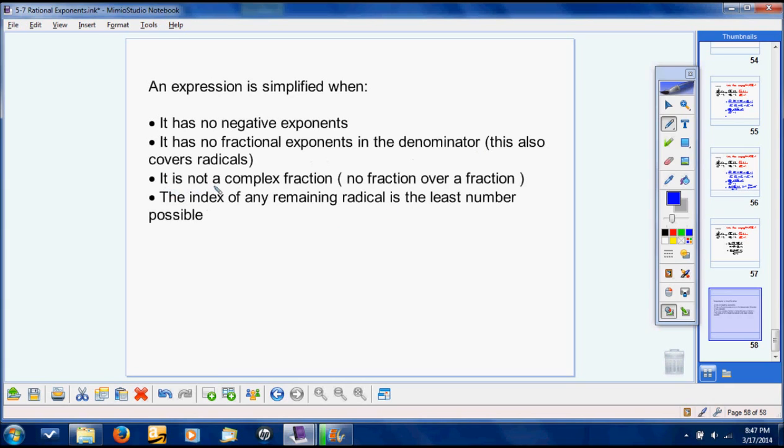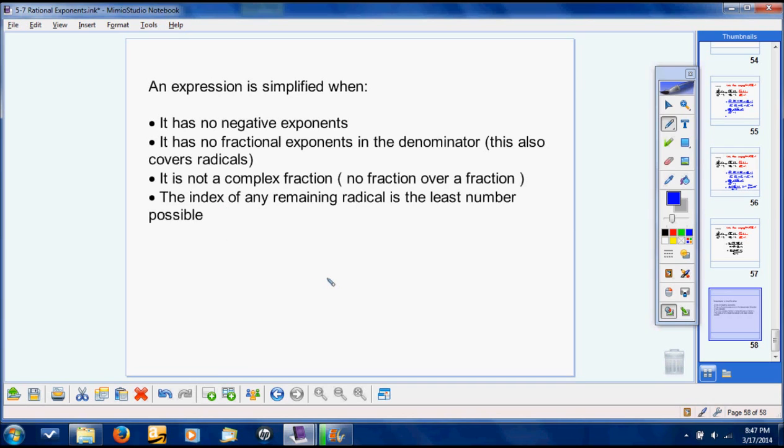Number 3, it is not a complex fraction, in other words, you don't have a fraction over a fraction. And the index is the least number possible, so the fractional exponent got reduced, and the index is the smallest number possible.